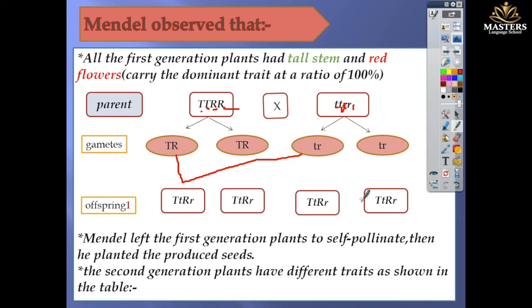After that, we will take the first one with the second one, so it will be T capital, T small, R capital, R small.